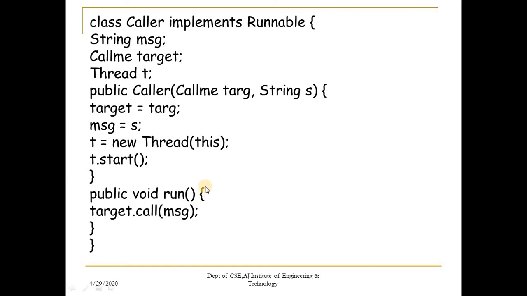When you call t.start, it will call the run method. Inside the run method for the thread, we are just going to call the call method. Target is an object of the CallMe class, so target.call will call the call method of the CallMe class, passing the message as a parameter.